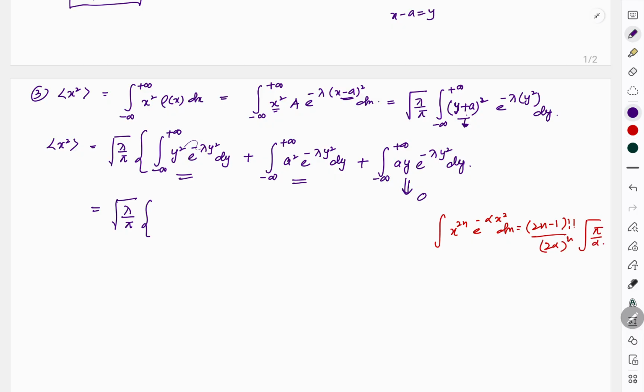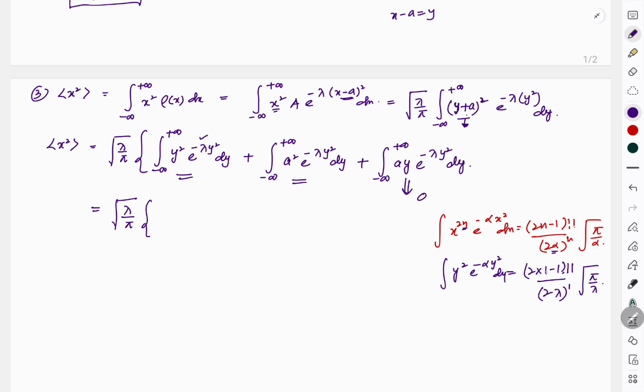Okay, so in place of n we have 1, so it would be integral y power 2 e power minus alpha y square dy. So it's like 2 into 1 minus 1 double factorial divided by 2, in place of alpha we have lambda to the power, in place of n we have 1, root of pi by lambda.